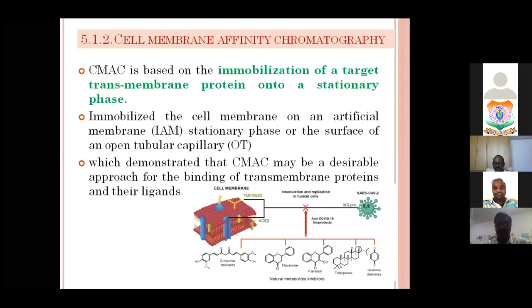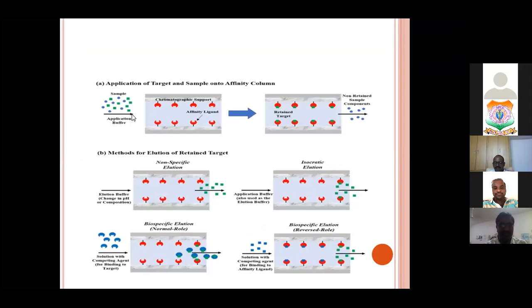What I told you already, the basic principle, is the same principle applied here: bound compounds are removed by using other technology. Here you can see the best example: a sample and application buffer, and a chromatography column having targets and the affinity of a ligand. Here these are the ligands, and these samples will go and bind to this.